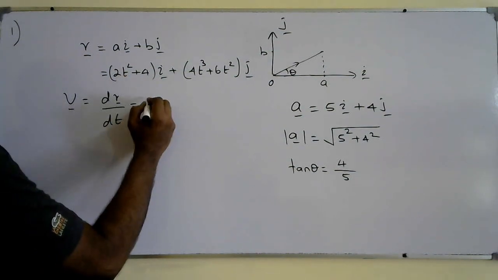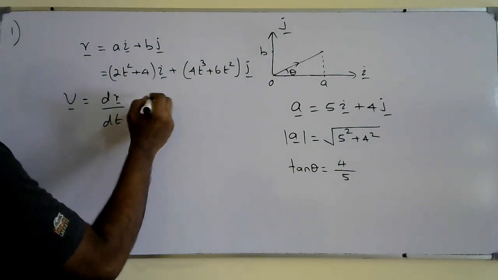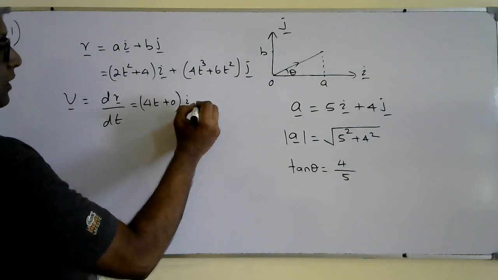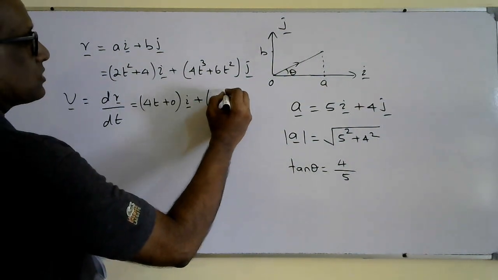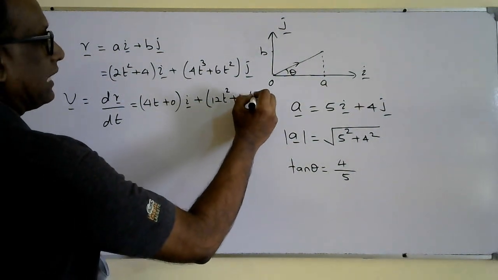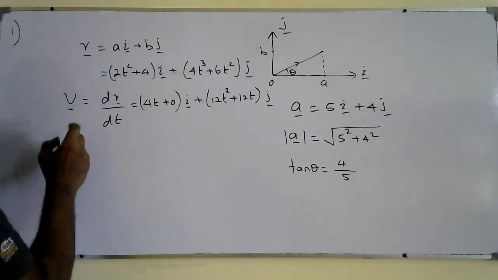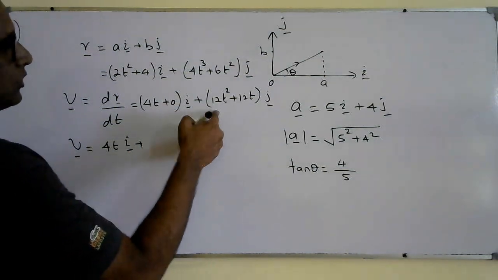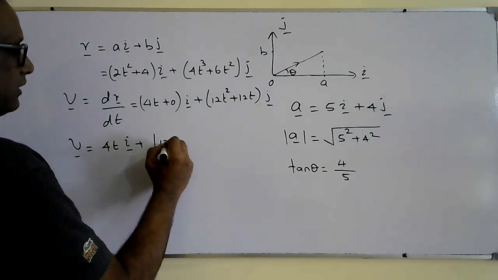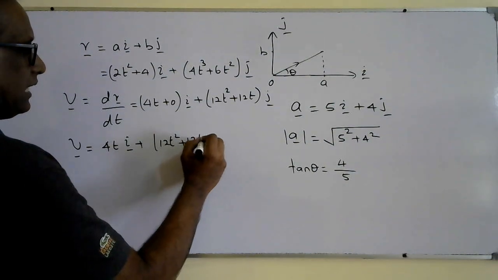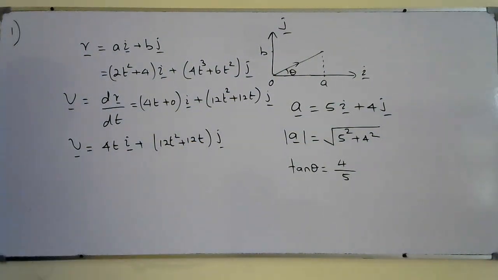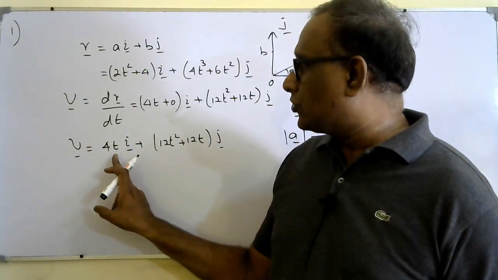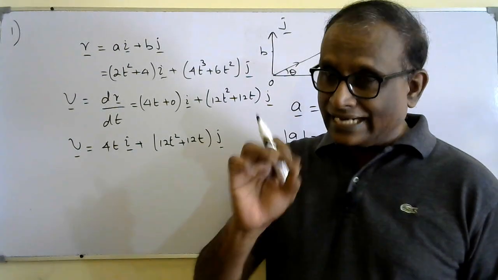So in this example, it's going to be (4t plus 4)i plus (12t squared plus 12t)j. Now, if they ask to find the velocity at a particular time, say at 2 seconds, substitute the value t equals 2, and you will get the velocity at that instant.